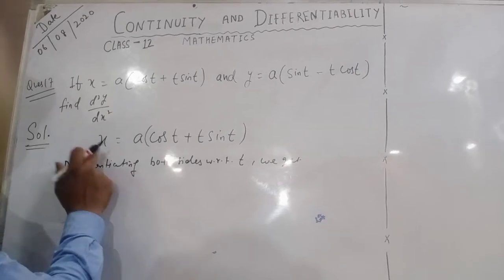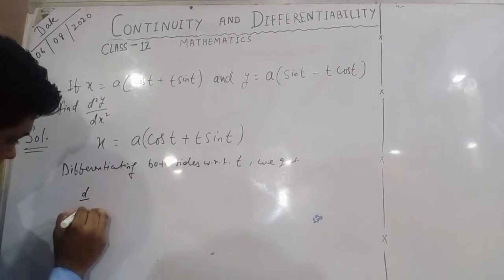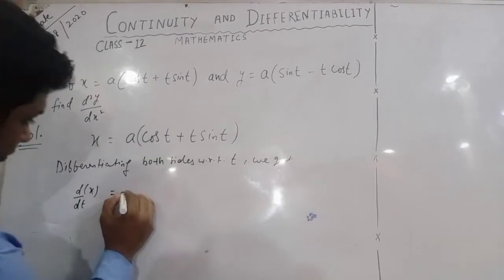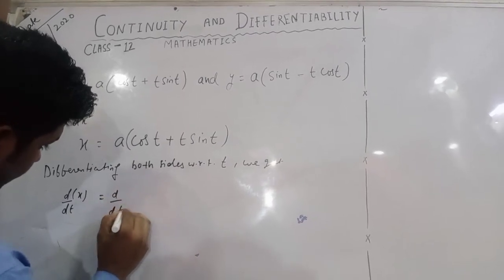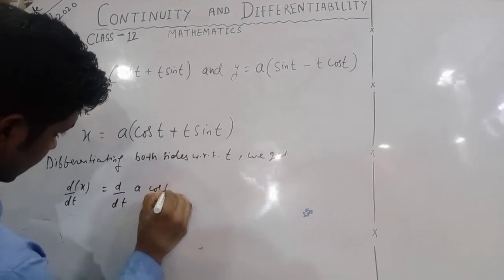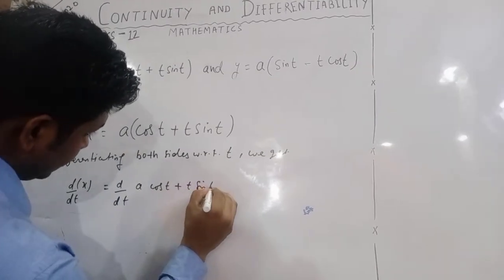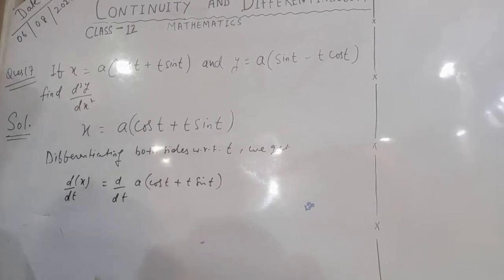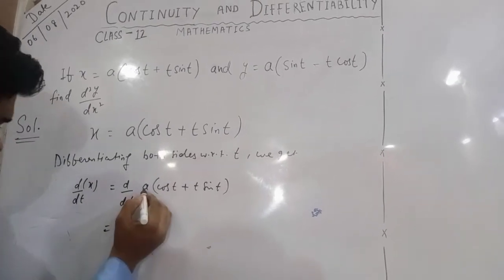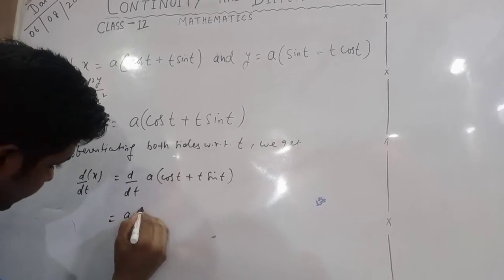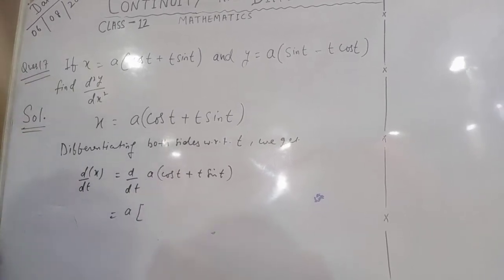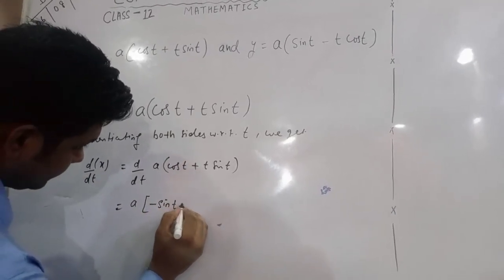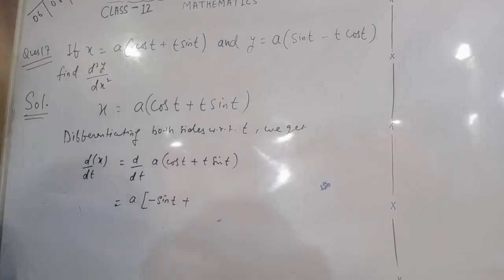Fine. So when you will differentiate it, you will write d by dt of this x equals to d by dt of this whole term. So when you will differentiate it, this a is a constant, will remain outside. Now you have to open the bracket, and as you know that the derivative of cos t is minus sin t plus, and this plus sign you have to copy here.